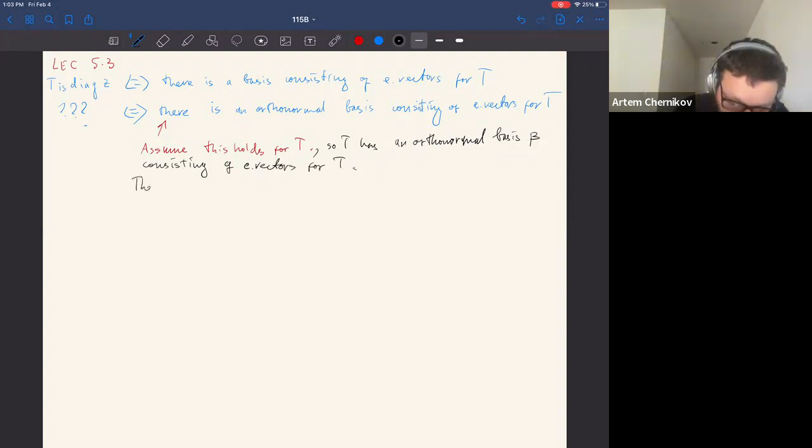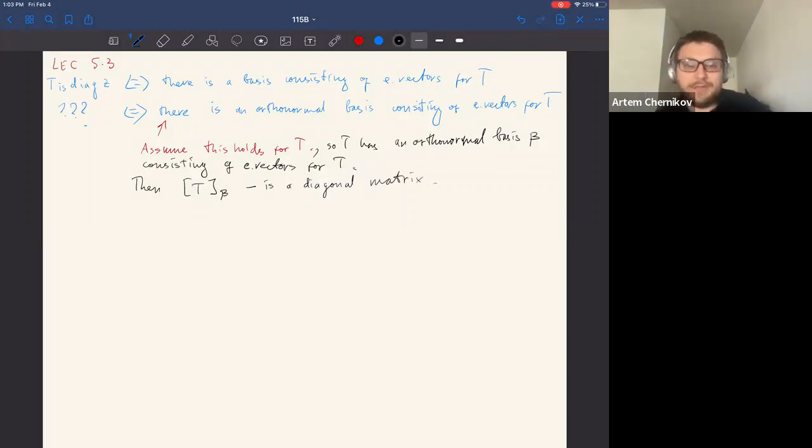Then in particular, we can look at the matrix which represents T with respect to this basis beta, right? Since each vector in beta is an eigenvector, this is a diagonal matrix, because if each vector in beta is an eigenvector, then T of v for any vector v in this basis corresponds to multiplying by some scalar. So it follows that the matrix is diagonal, right?